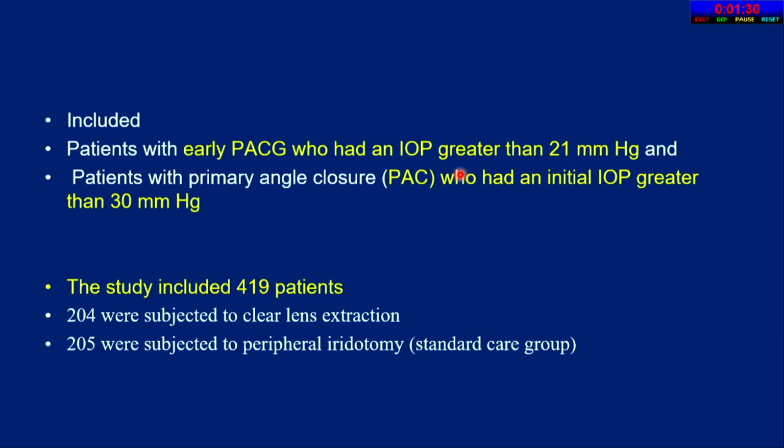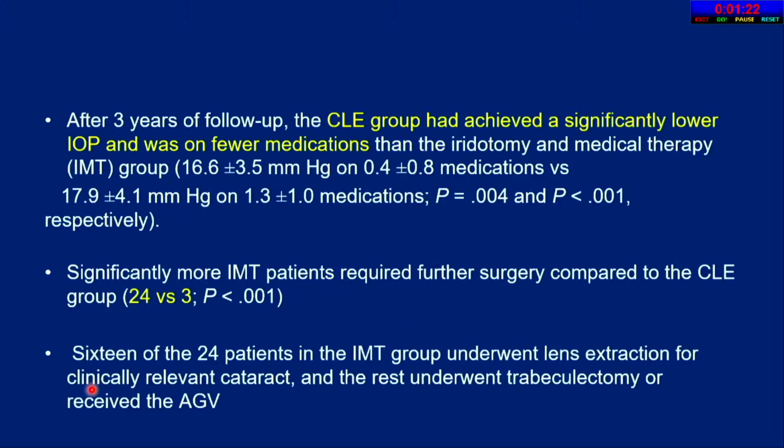It included 419 patients. So 204 were subjected to clear lens extraction, and a similar number of patients to PI. After 3 years, it was seen that the clear lens extraction group had achieved a significantly lower IOP and was on fewer medications.